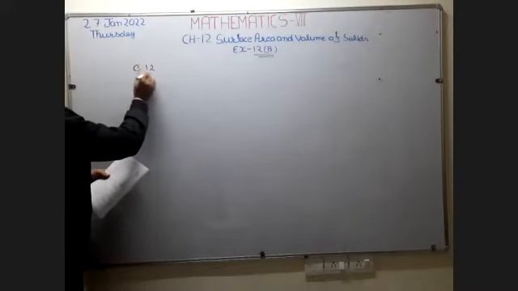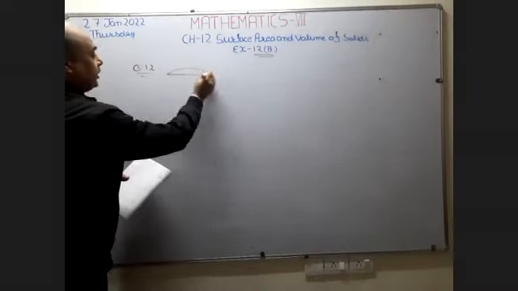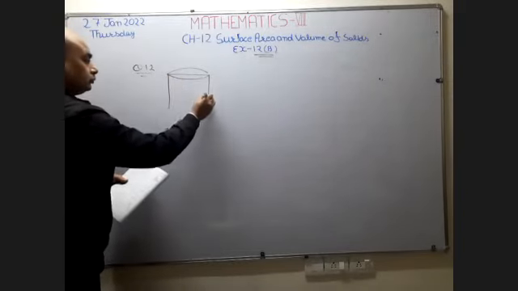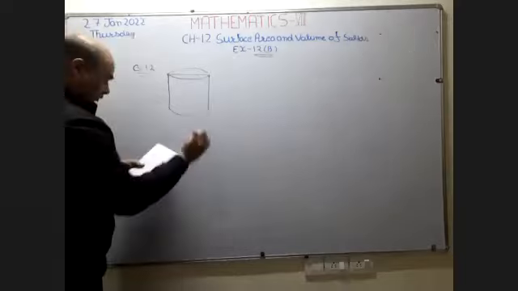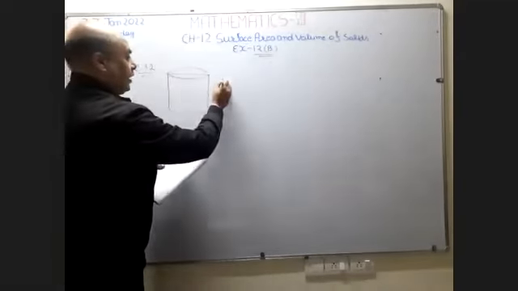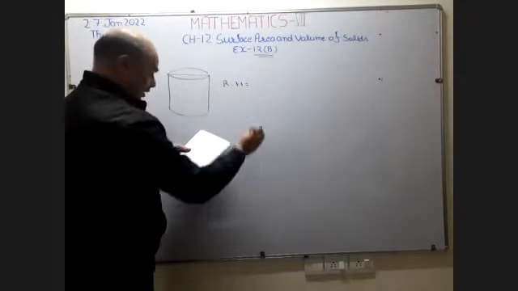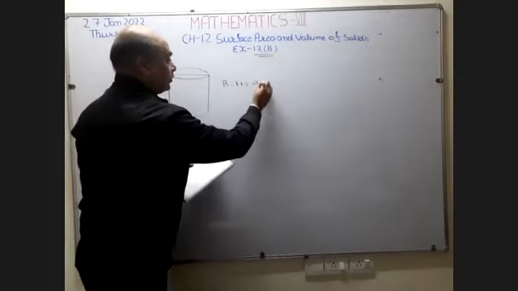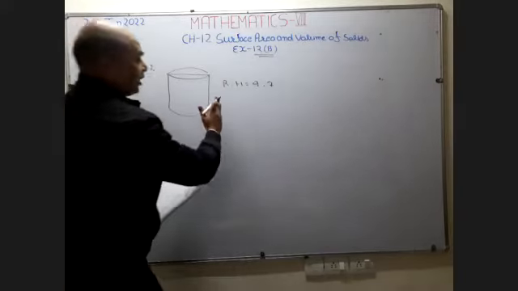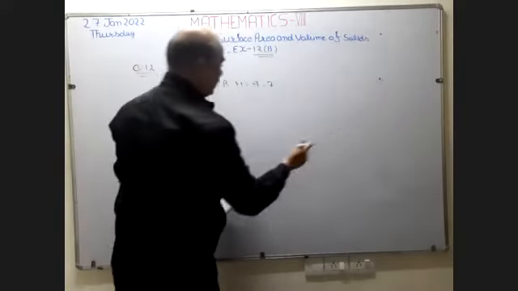This is your question number 12. So this is the figure of the cylinder. Now what is given? Radius and height. Ratio between radius and height is given, which is 4:7. And the volume of the cylinder is always given. So volume of the cylinder is also given.